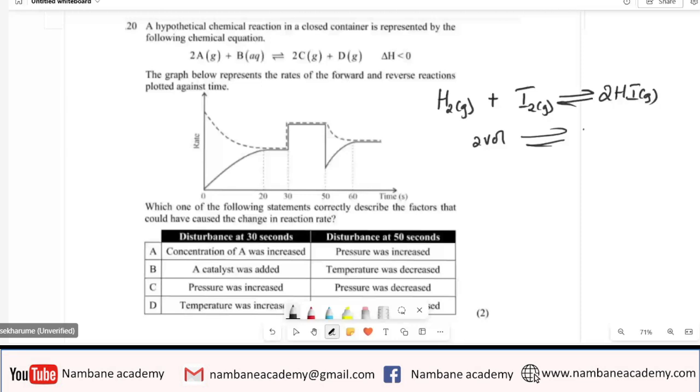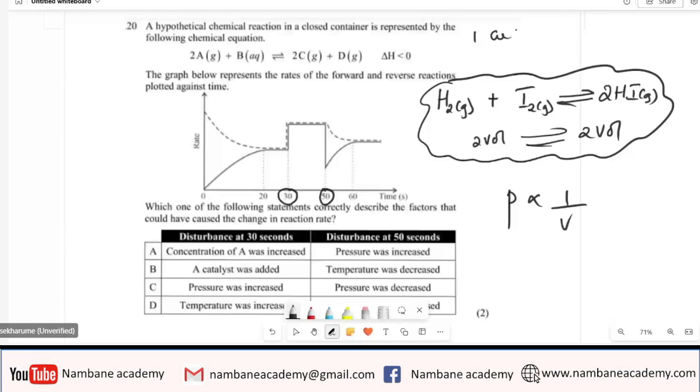So the pressure increase will affect both the forward and the reverse reaction equally. Actually, between 30 and 50 there are 2 conditions. If I'm having this reaction, it might be that a catalyst was added. The catalyst is the first one. The second one is that the pressure was increased.